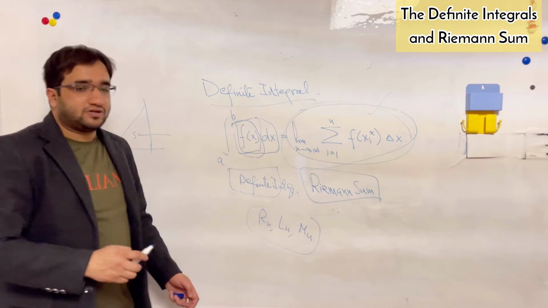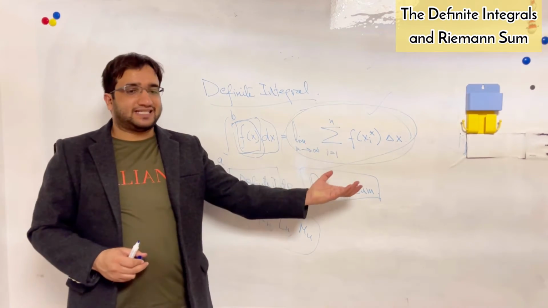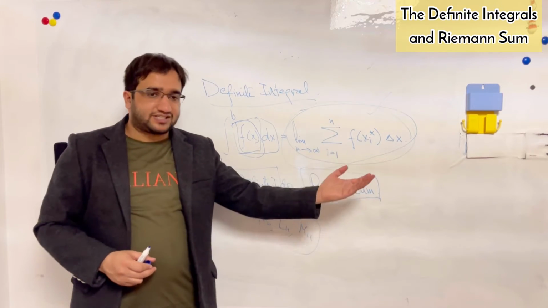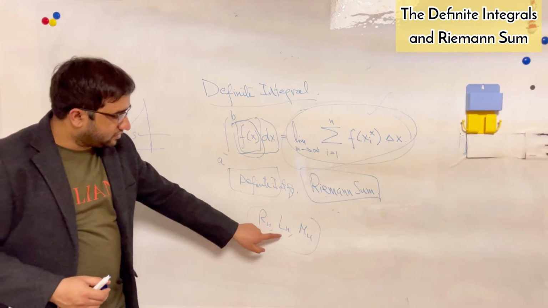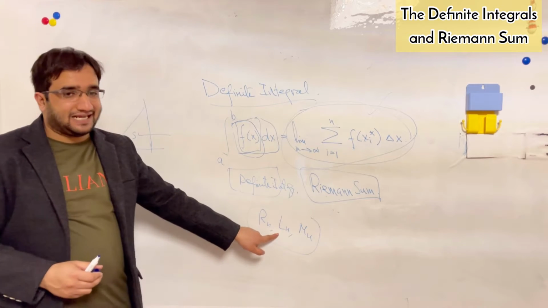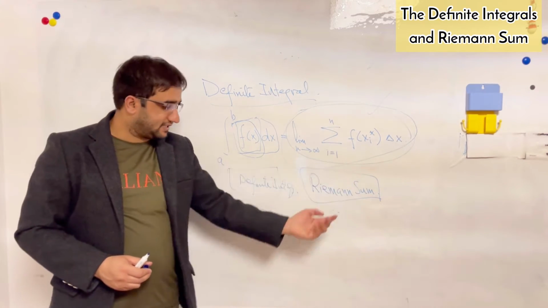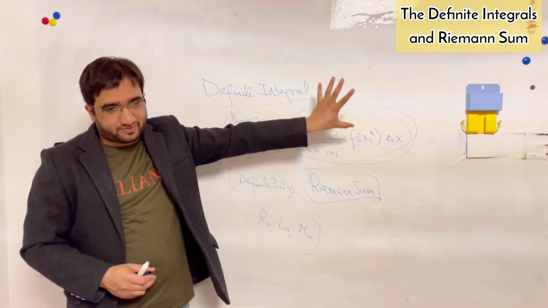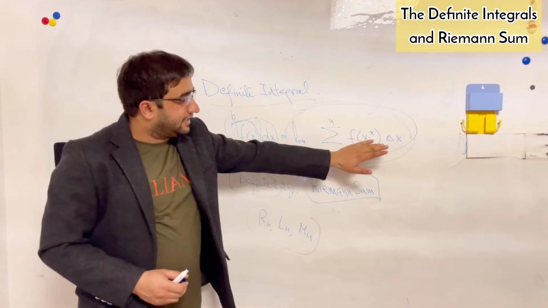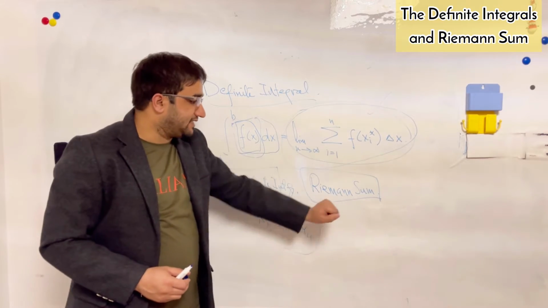If I ask you to use the left endpoints to find the Riemann sum of this function for this interval, you are supposed to find Ln. If I ask you to use the midpoints, you will find Mn, the same procedure. But now this has a name, and this name is Riemann sum.